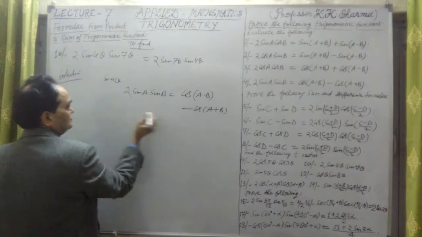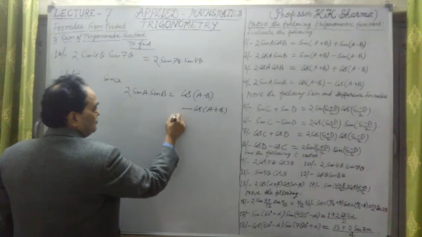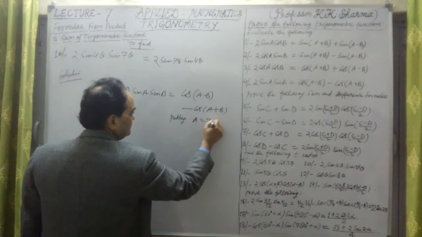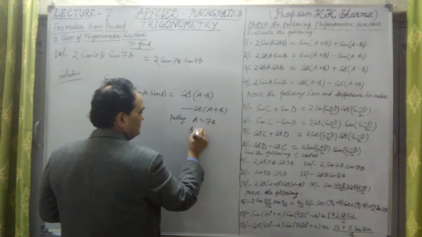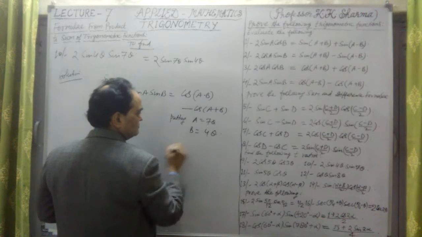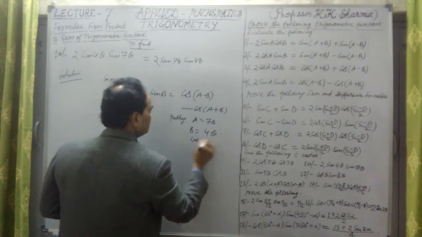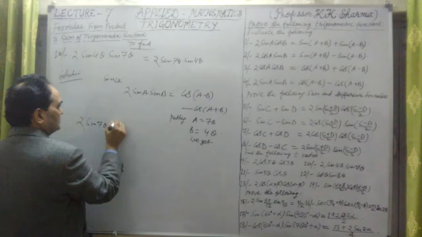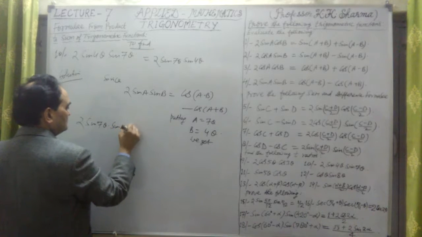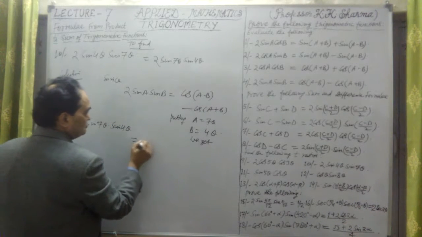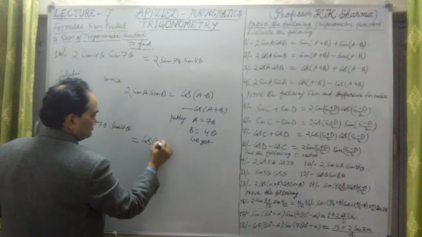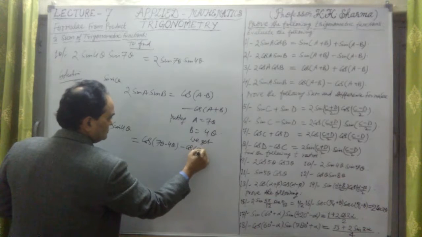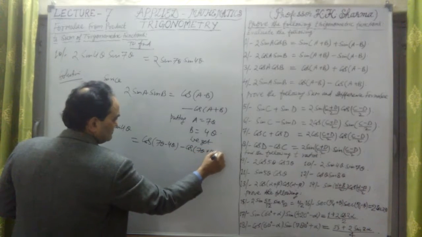Now putting A equal to 7 theta and B equal to 4 theta, we get 2 sin 7 theta sin 4 theta is equal to cos of 7 theta minus 4 theta minus cos of 7 theta plus 4 theta.